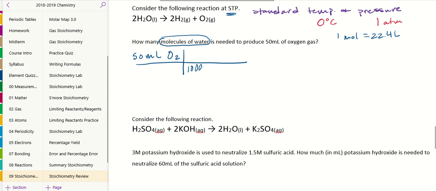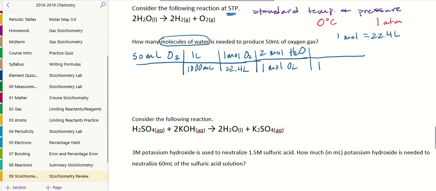So 1,000 milliliters equals 1 liter. And I know 22.4 liters at STP equals 1 mole of O2 gas. Now, your mole ratio between O2 and H2O, 1 mole of O2 for every 2 moles of H2O.